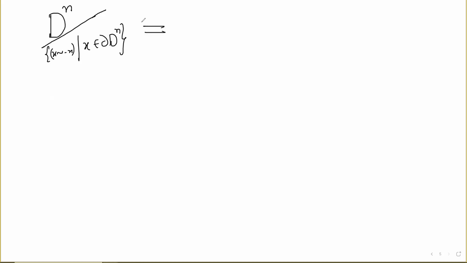And we want to say that this is the same thing as the real projective space, RP^n.